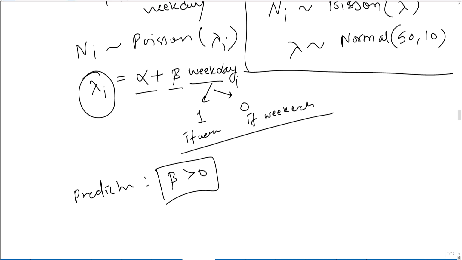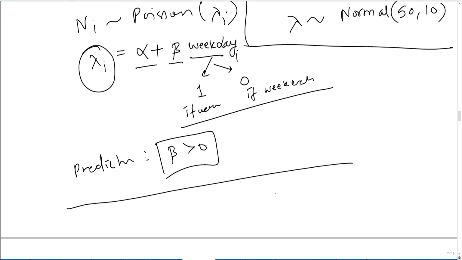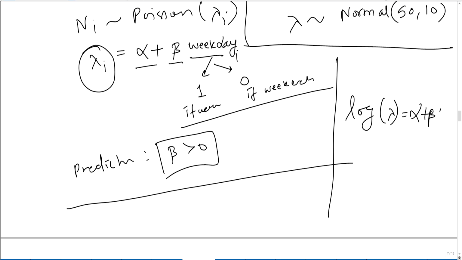So, how do we do this? What kind of transformation do we apply to ensure that lambda is always positive? The relevant transformation here is this: you write log lambda equals alpha plus beta into weekday.